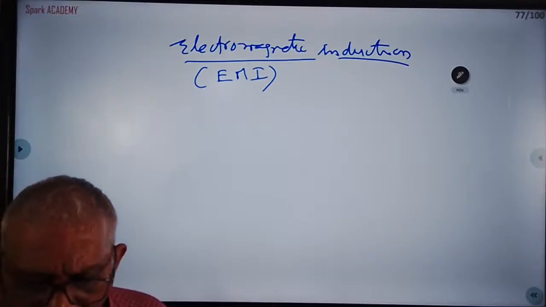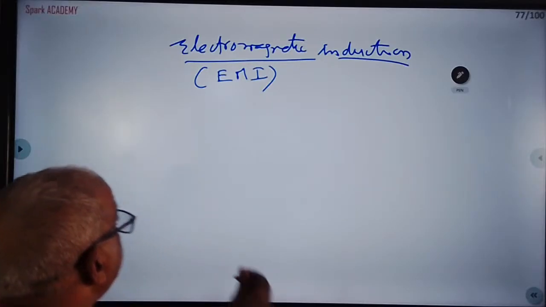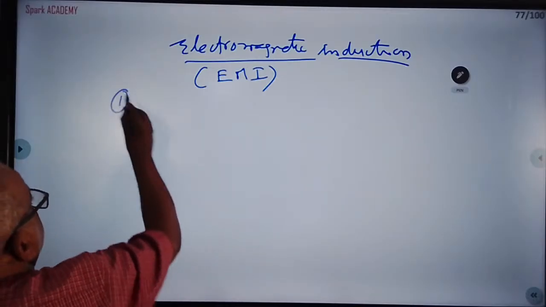Describe the ways in which eddy currents are used to advantage. This is a theoretical question they ask very many times.